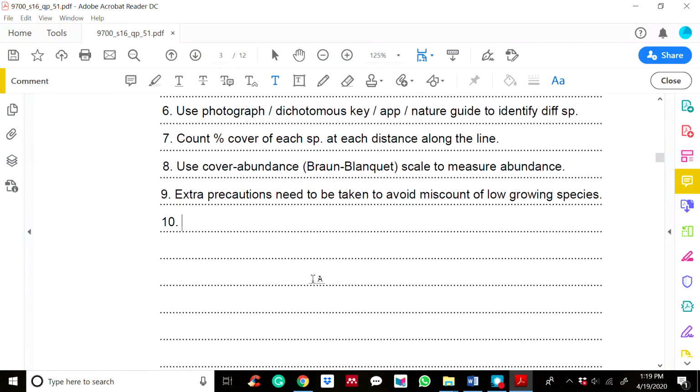To increase the reliability of the experiment, repeat the transect 3 times. Repeat the transect at different locations 3 times.